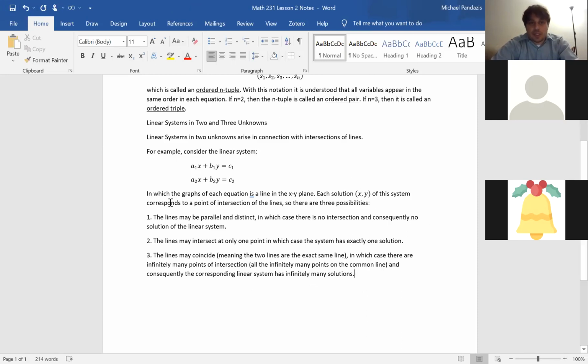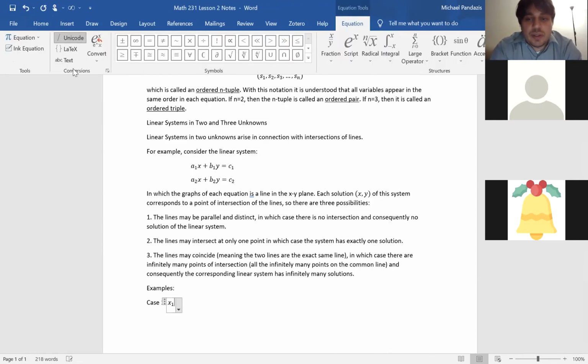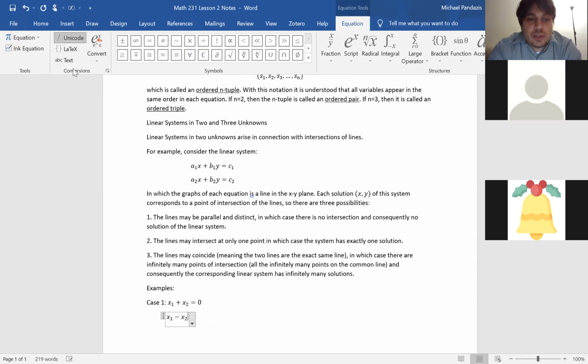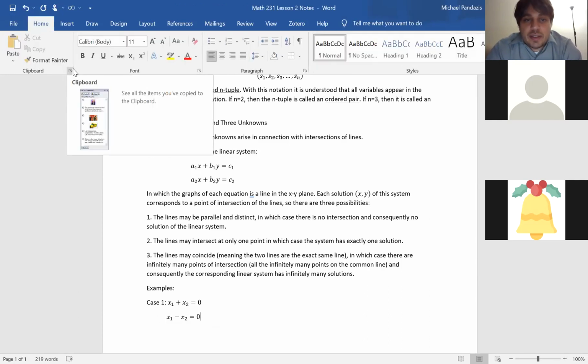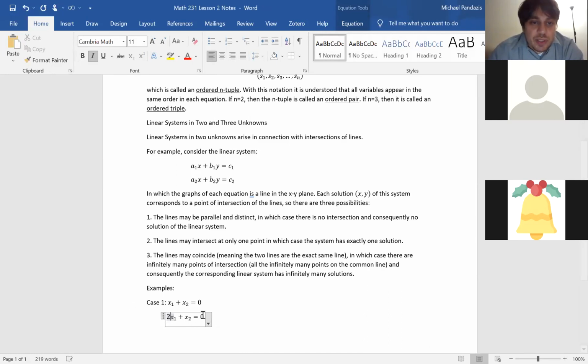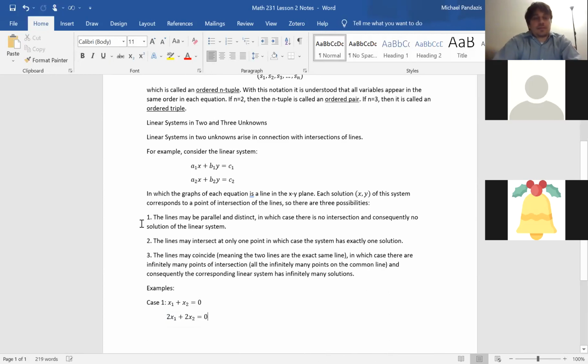Okay, as far as the examples, for case 1, if your lines are parallel and distinct, for instance, let's do x1 minus x2 equals 0.